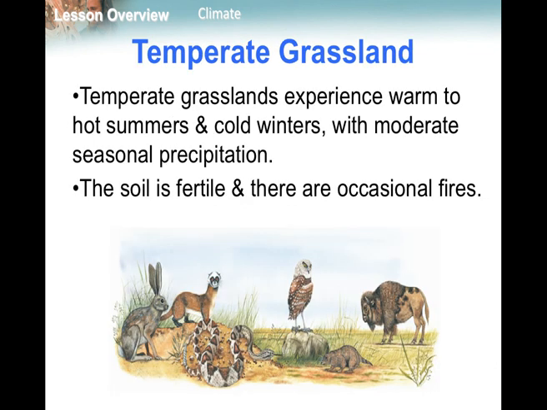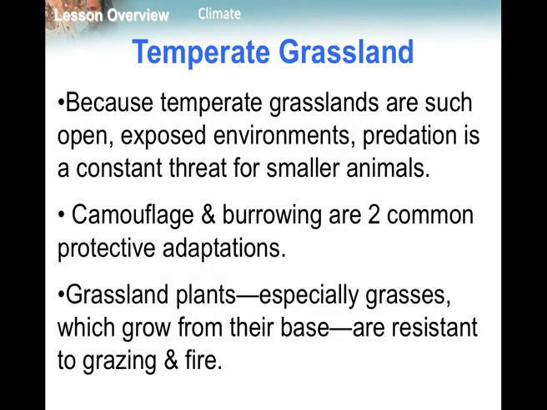Temperate grassland. This is what would be found more in the U.S. and our Midwest states. Temperate grasslands experience warm to hot summers, cold winters, with seasonal precipitation. The soil is fertile, but because it is grassland, they are also prone to fires. Because they are so open, they don't have a lot of big, tall trees.